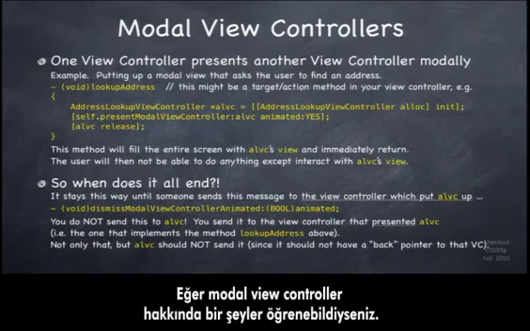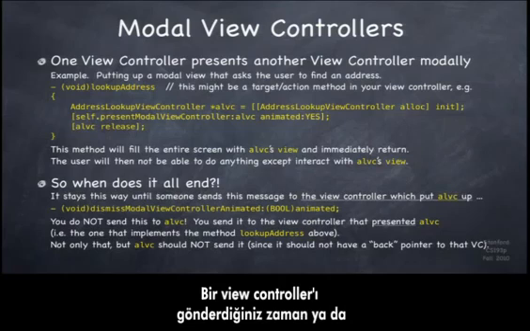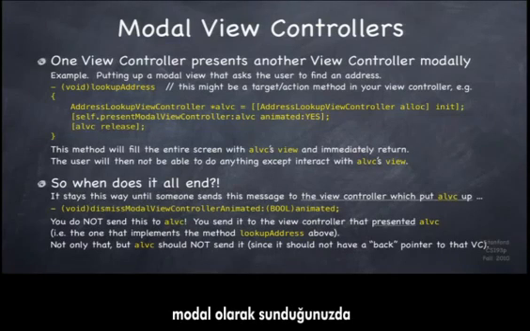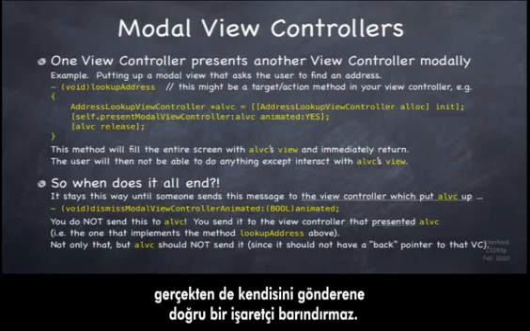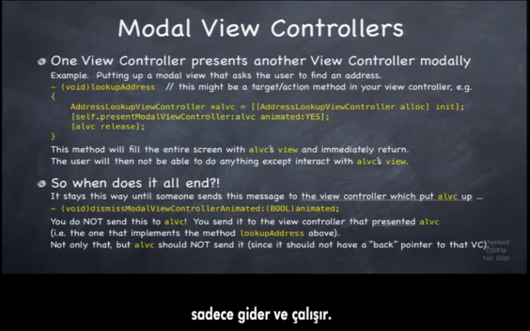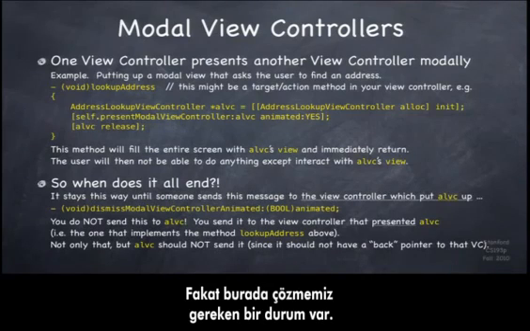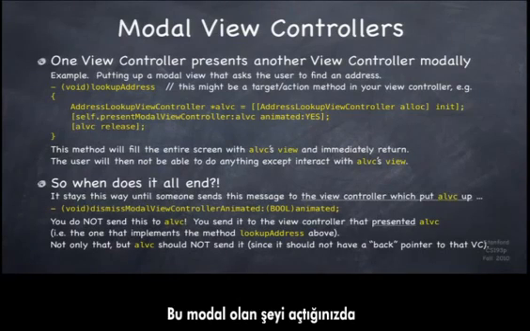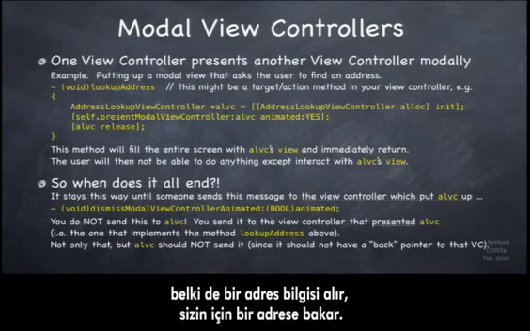Now, if you learned anything about model view controller, you know that when you push a view controller, or present it modally in this case, it really shouldn't have a back pointer to the one pushing it. It should get loaded up with whatever information it needs, and it just goes and runs. But we've got a little bit of a conundrum here, because you put this modal thing up, maybe it gets an address, looks up an address for you.